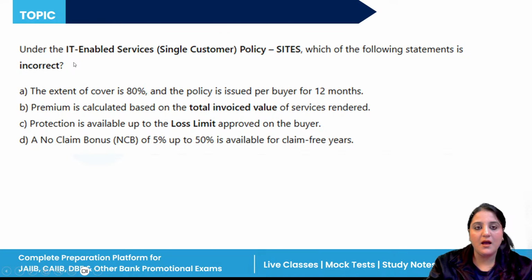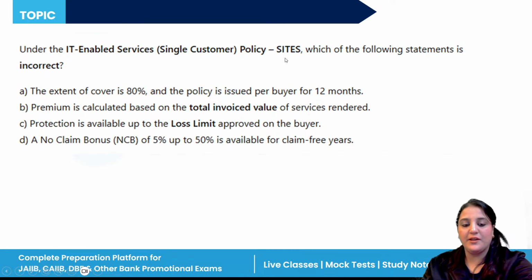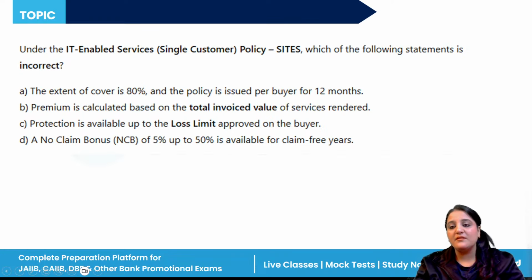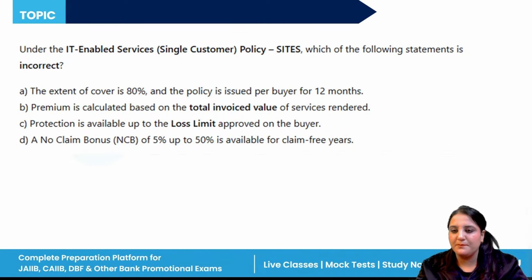Under the IT enabled services single customer policy, which of the following statements is incorrect? What is the meaning of SITES? Basically, in SITES generally premium is payable on the approved loss limit. And what is the approved loss limit? It covers 80% of the loss limit, which is valid for only 12 months per buyer.